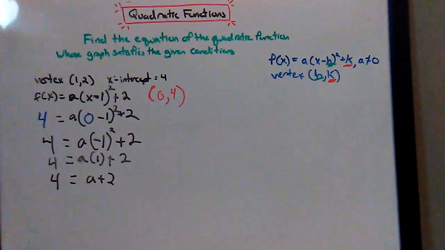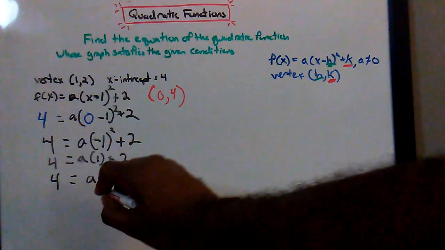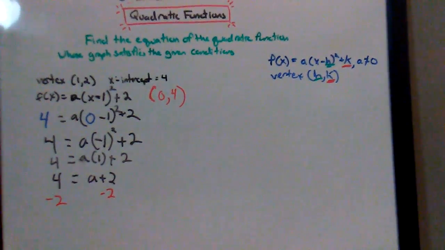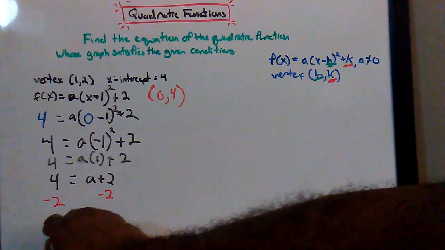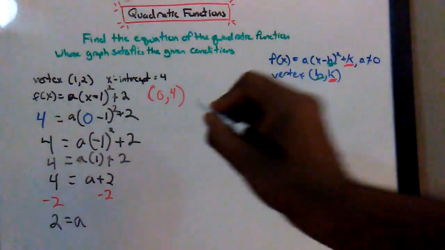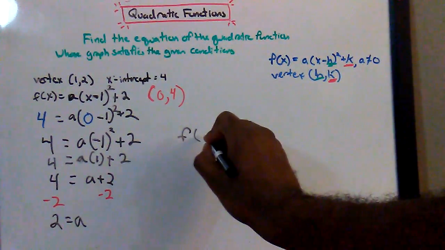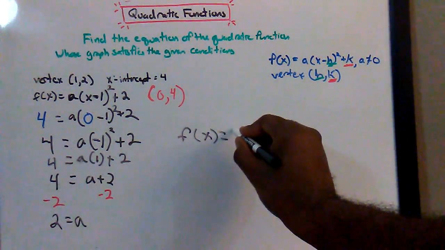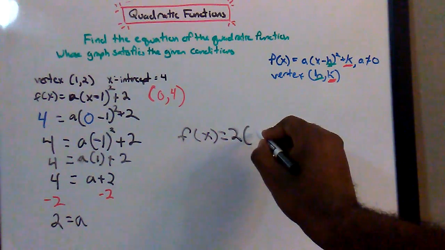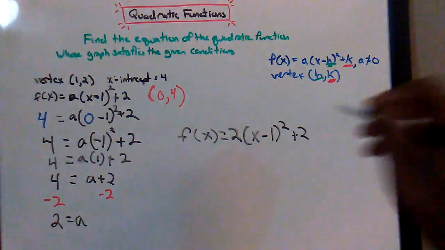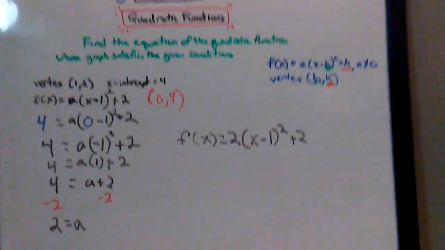Okay, and then how do you solve for a? What's 4 minus 2? 4 minus 2 is 2. So a equals 2. So the complete equation for this is f of x is equal to, here's our a, 2 times (x minus 1) squared plus 2.